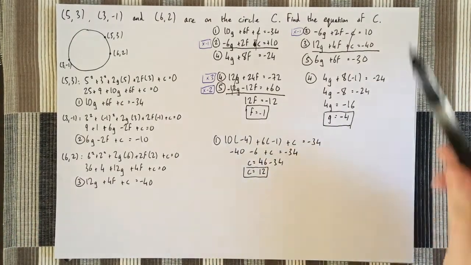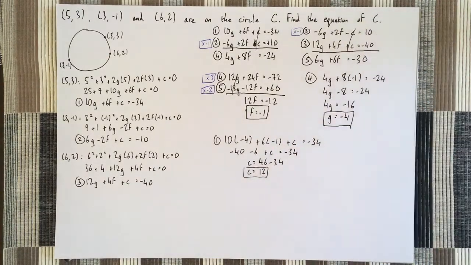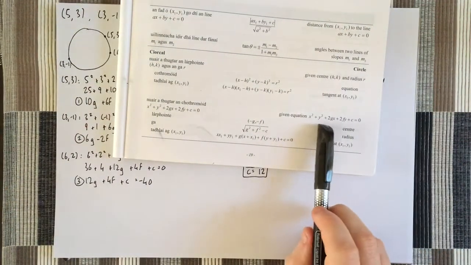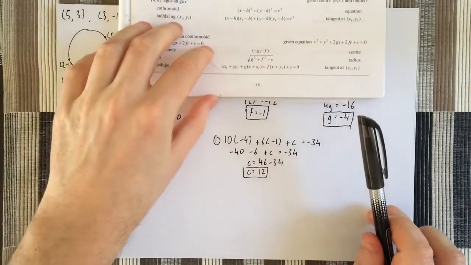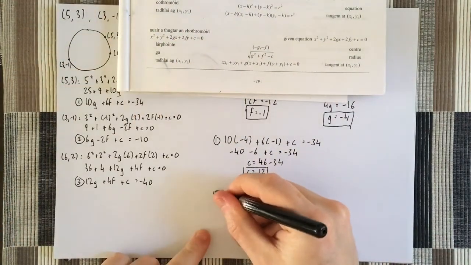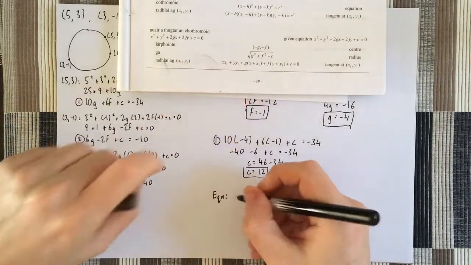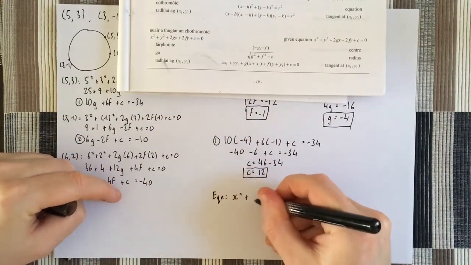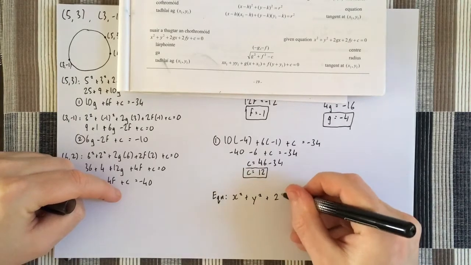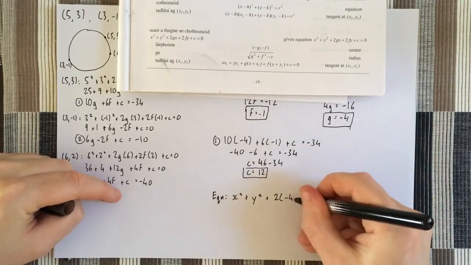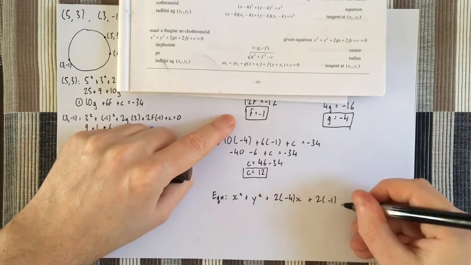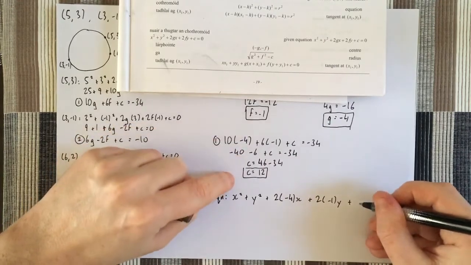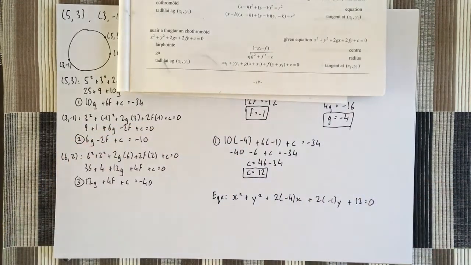Just remember here, you are being asked for the equation of the circle, not just to solve for G, F, and C. So I just go back to my equation of the circle here, and I sub in for G, F, and C. So my equation then is going to be x squared plus y squared plus 2 times G, which is minus 4, x plus 2 times F, which is minus 1, y plus c, which is 12, equals 0.